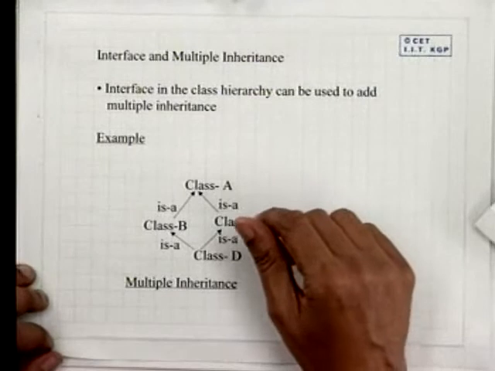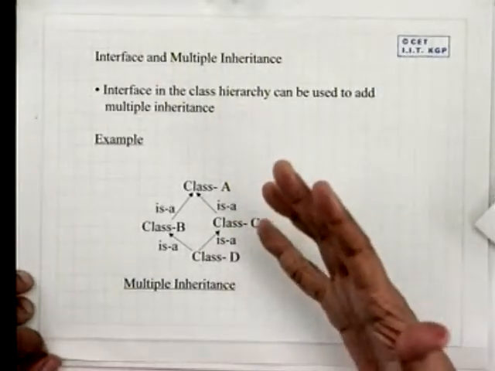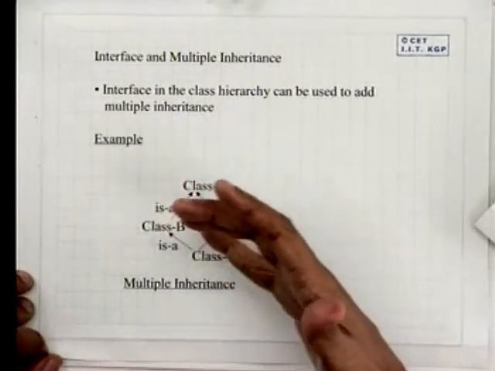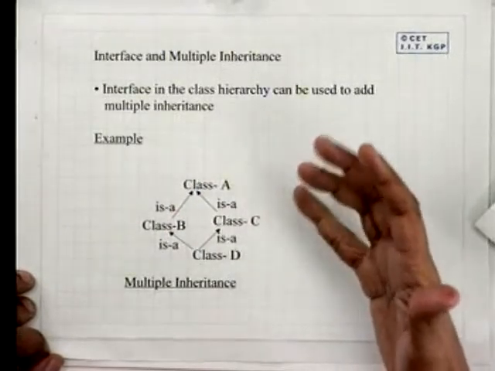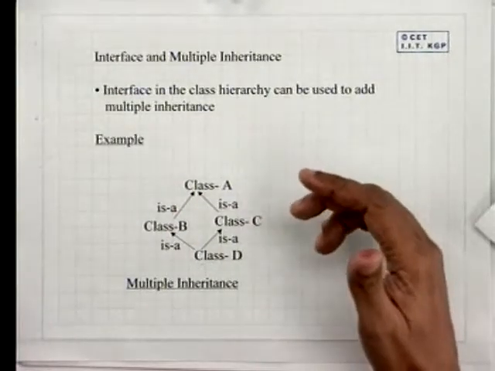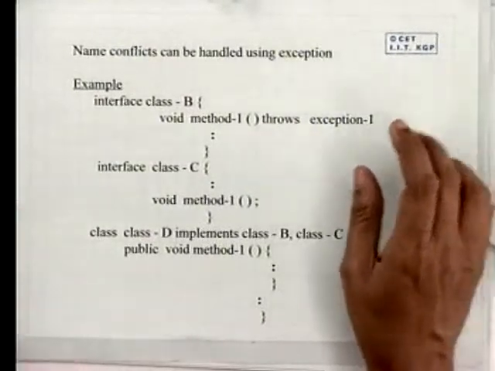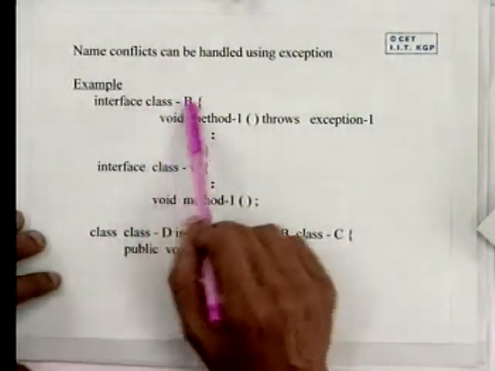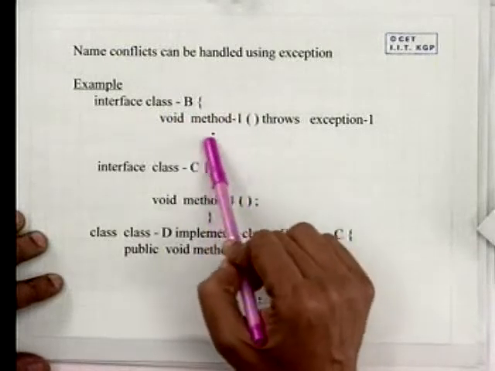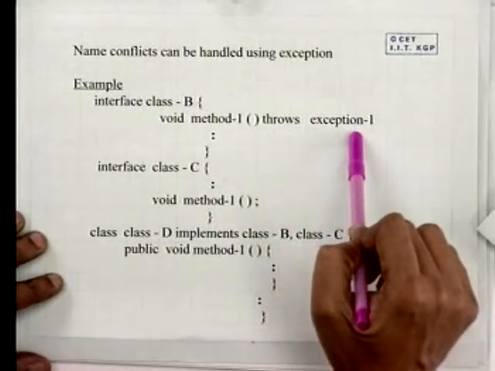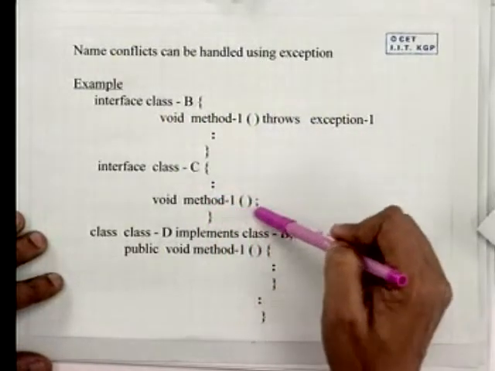Now one may ask the question, what happens if there is a name conflict? This can be handled in Java with the concept of exceptions that we have discussed. So, we can say that in my interface class B, we define method 1, which throws an exception 1. In interface class C, we also define method 1.